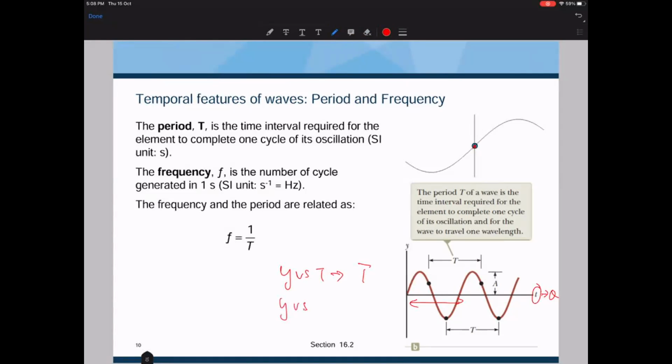In the y versus theta graph, it repeats within 2 pi. And if it is a y versus x graph, it repeats within lambda.